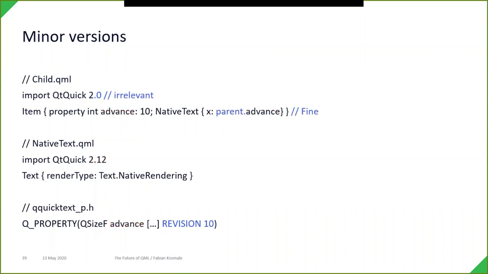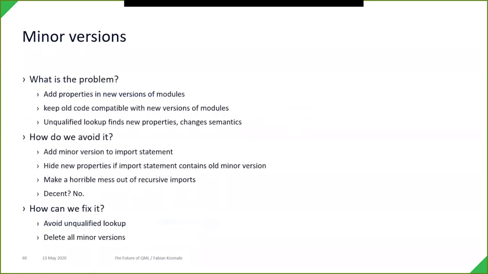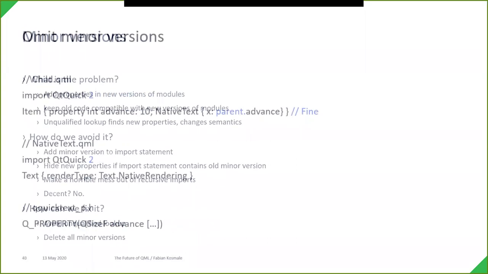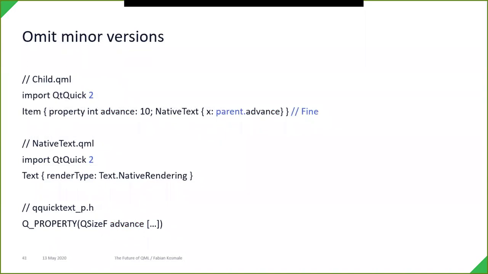So if you consistently only use qualified lookups, those version numbers become quite irrelevant because they only were meant to protect from those kind of lookups. So what can you do? You can actually just omit them.